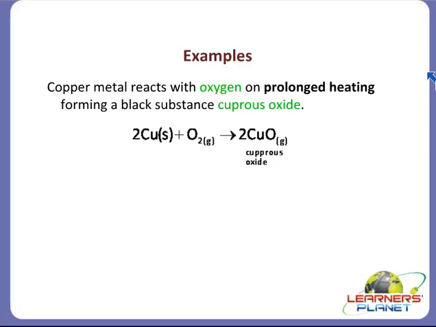It will react only on prolonged heating. And what it forms, children, is cuprous oxide. This is also called copper 2 oxide. Copper 1 oxide, sorry. It should be copper 1 oxide. Copper 2 oxide is cupric oxide.